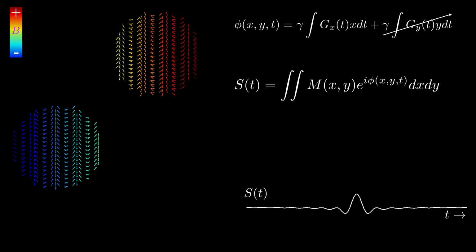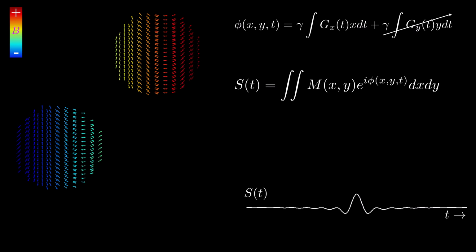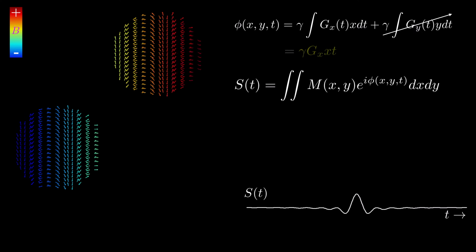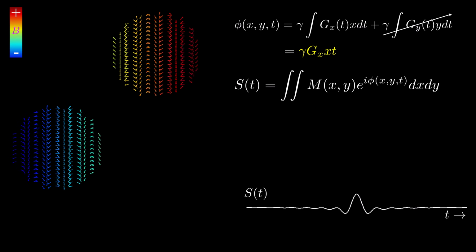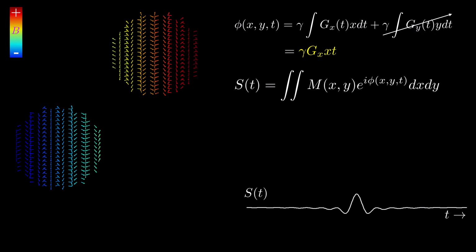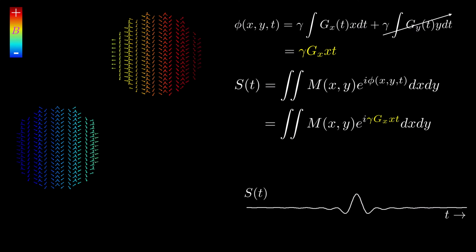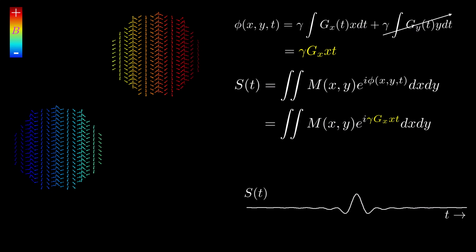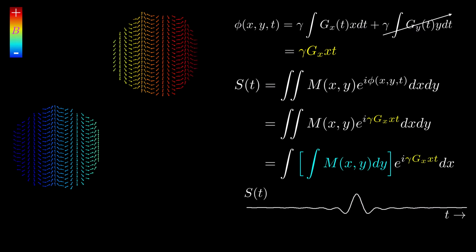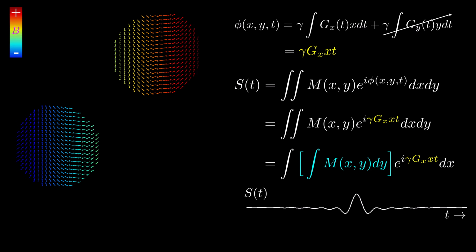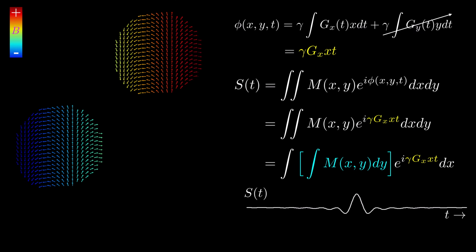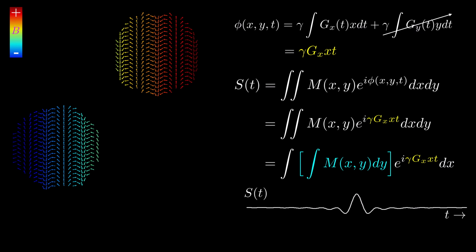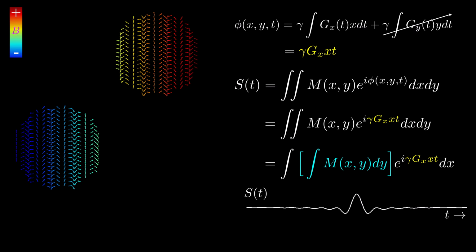There's no y gradient, so that term drops out, and the x gradient g sub x is just a constant, so our phase just simplifies to this. Plug into our signal equation and we have this expression for a detected signal. If I rearrange the expression a bit, you can see more clearly that the blue portion of the equation is the integral of m with respect to y, and is so just a sum of spin magnitudes in the y direction.